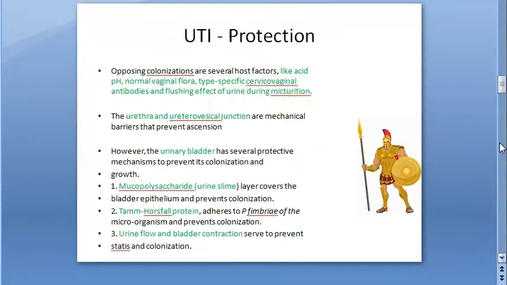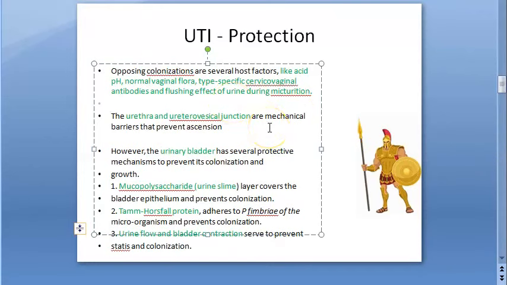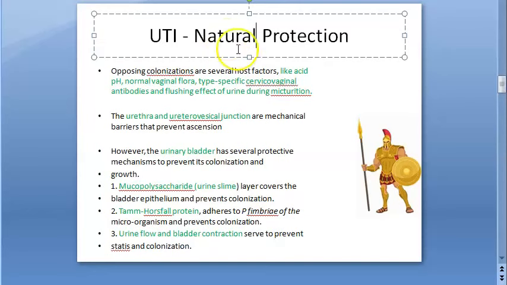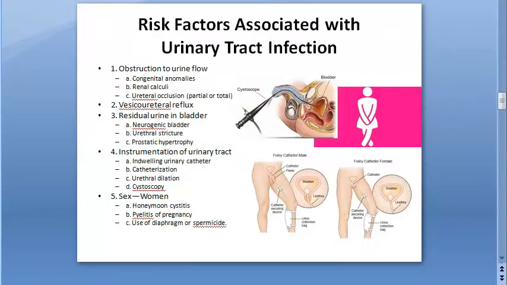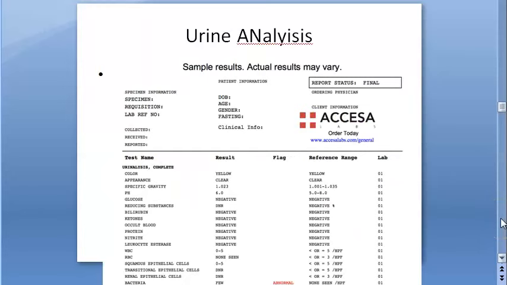Then we saw what natural protection we have against UTI. Then we saw the risk factors which are associated. Then we saw if the report comes, how exactly it looks, the analysis, the culture and the antibiotic sensitivity.